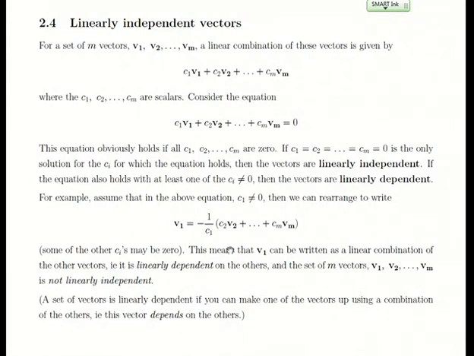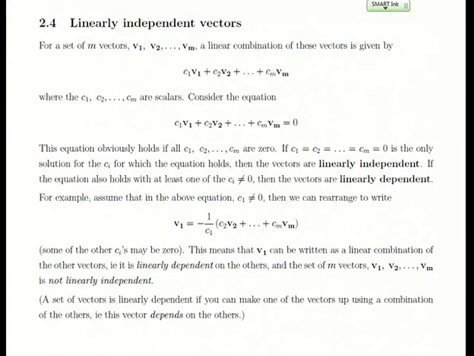So if you can do this, then they're linearly dependent, sorry. If the only answer to this equation is that all the C's are 0, then you can't rearrange it like this, and so they're called linearly independent.